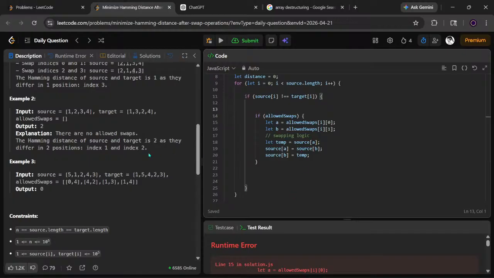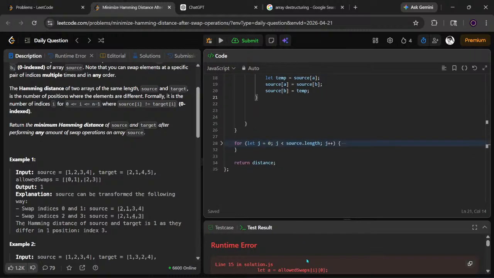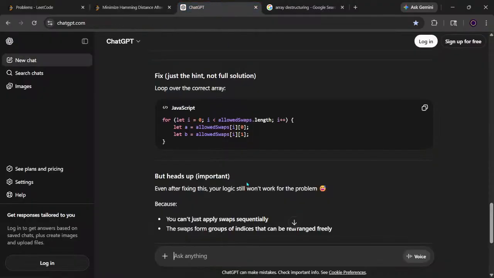To make sure that this index and only this index is... it will work, right? Since we have two indices, both indices are coming from the allowed swap only, and it is not taking. What is wrong with it? And why is it saying undefined?